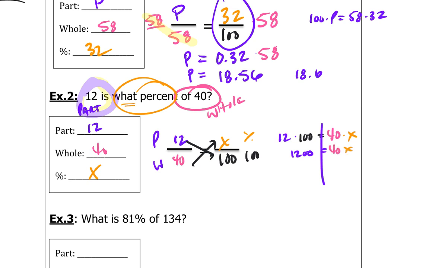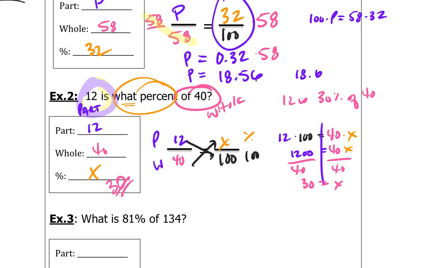So we're going to divide both sides by 40 to get the x by itself. We wind up with x equals 30. So our answer is 12 is 30% of 40. We're figuring out 30%, and that's pretty much what you're trying to do.